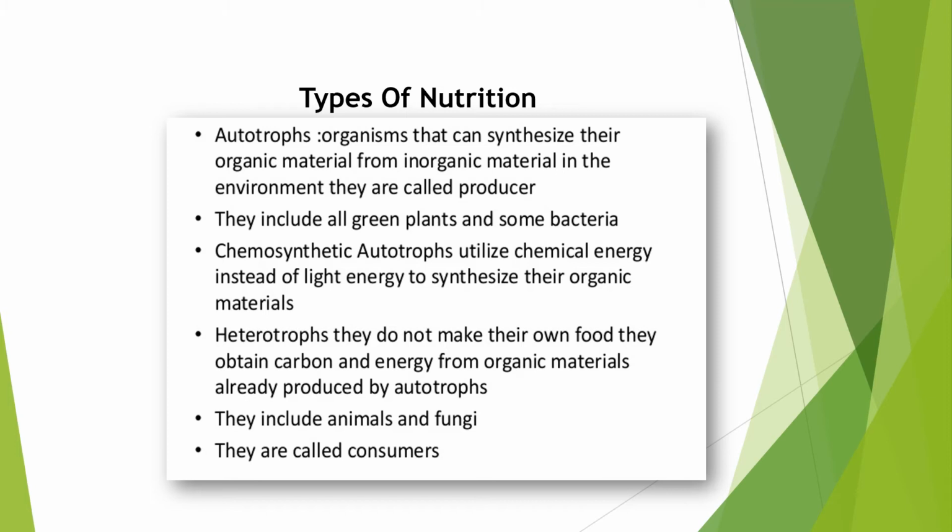They do not have green pigment, because green pigment is required to absorb sunlight in order to prepare food. So heterotrophs do not have the green pigment chlorophyll, nor the organelle chloroplast. They depend on the producers, and they are termed consumers. In further studies you will learn about primary, secondary and tertiary consumers.